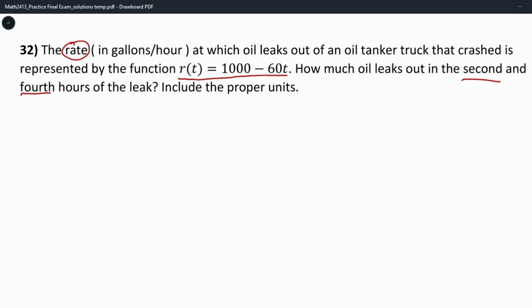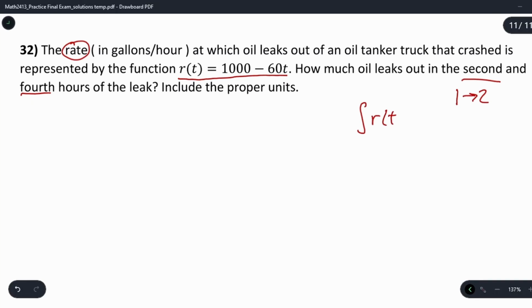So the second hour would be represented by from the end of the first to the second. In other words, if you're finding how much oil leaked out given the rate, that's going to be the integral from A to B of the rate with respect to t.